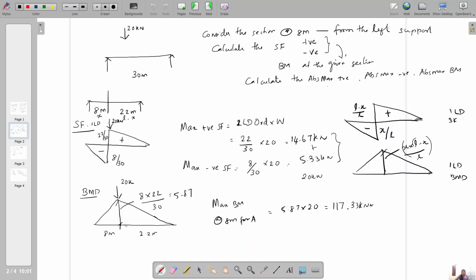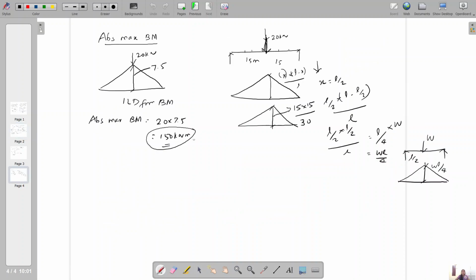So if you consider some other section, you will get the value, but it is always lesser than this absolute maximum bending moment. Okay. With this simple problem, you recall all the conditions to be applied to place the load in a beam for different conditions, maximum shear force and bending moment. And we will come up with another example in the next video.